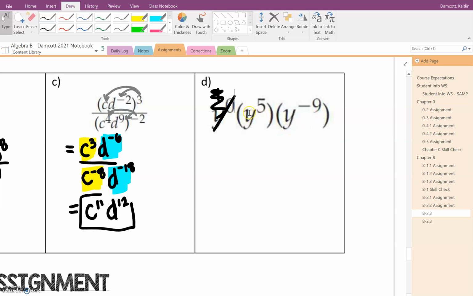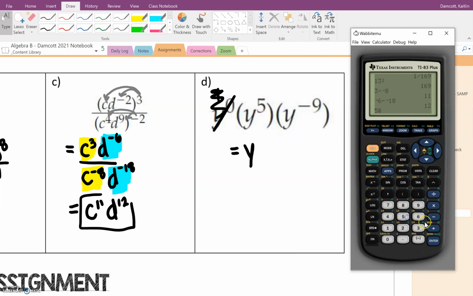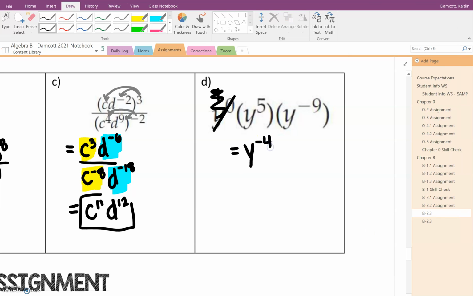So now we're looking at this. We've got y to the 5th times y to the negative 9th. So if you remember, our rule for this is we keep the base, and then we need to add these exponents. So using my calculator, I've got 5 plus a negative 9. So this comes out to be negative 4. But we can't have an answer with a negative exponent in it.